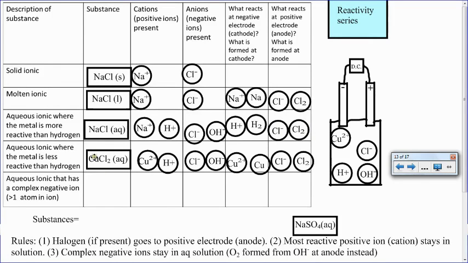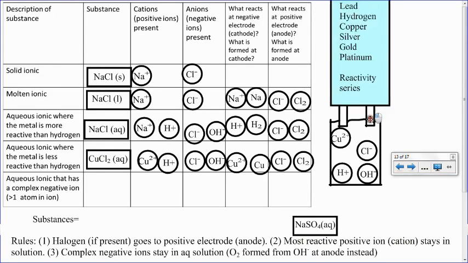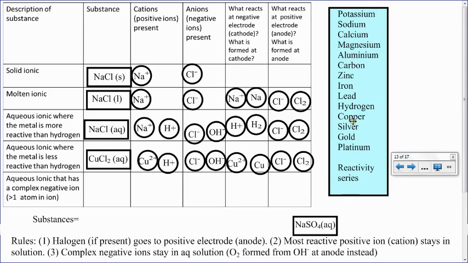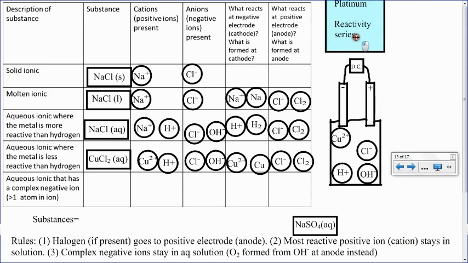So we've got copper chloride. What is important now is this rule again, rule 2, the most reactive ion stays in solution, and we said that hydrogen is more reactive than copper, so it's the hydrogen ion that stays in solution this time. So it's the copper that reacts at the negative electrode. The copper forms the element copper because it's gained 2 electrons, and the same again at the other electrode, chlorine ion, chlorine gas.